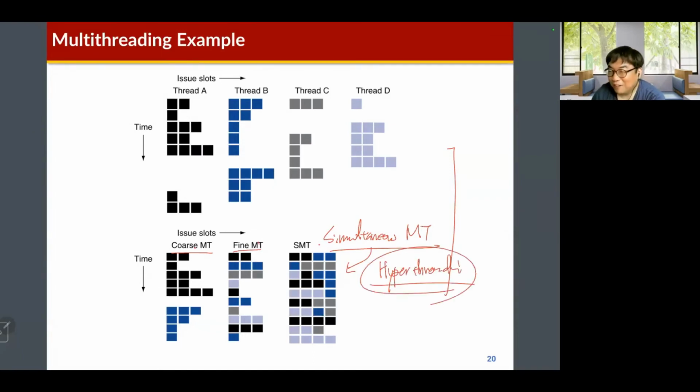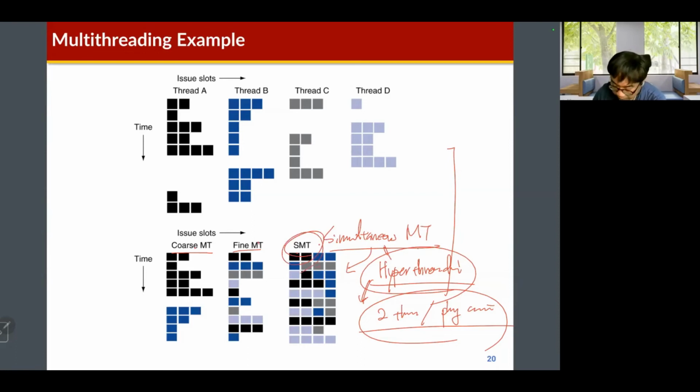So what is hyper-threading? Hyper-threading supports multiple logical cores on a single physical core. If hyper-threading is supported, it can run 2 threads per one physical core, which means hyper-threading implements simultaneous multi-threading, SMT.